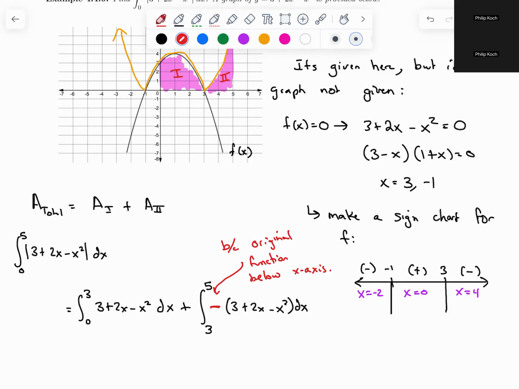That's because for the piece between 3 and 5, the original function is negative.